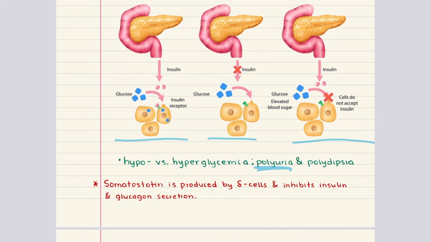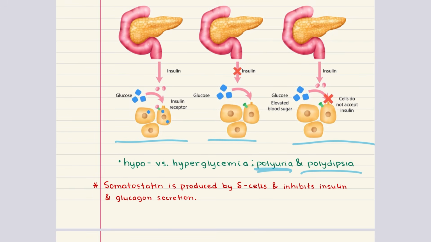This in turn causes polydipsia, which is excessive thirst because the body becomes dehydrated. By the way, if glucose levels drop too low, whether that's due to excess insulin or missed meals, this is called hypoglycemia. It causes shakiness, confusion, and fatigue. That's why maintaining this hormonal balance between insulin and glucagon is so critical.